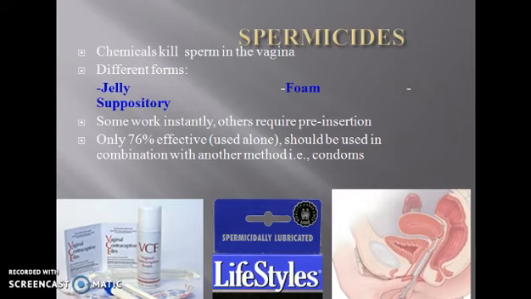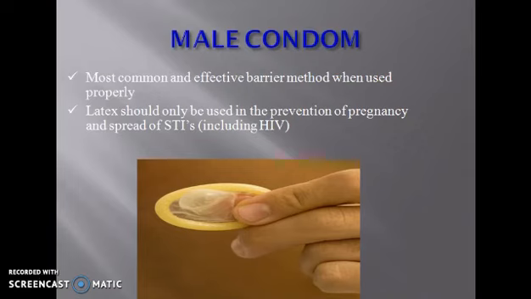So it is encouraged that you use it in combination with another method, that is, condom. If you want it to be effective, use the spermicide with condom, because it has only about 75% effectiveness.